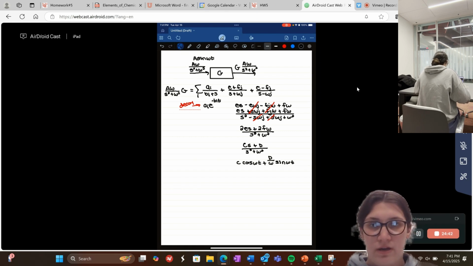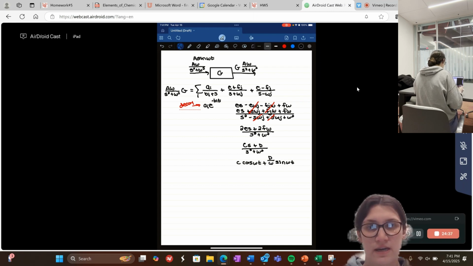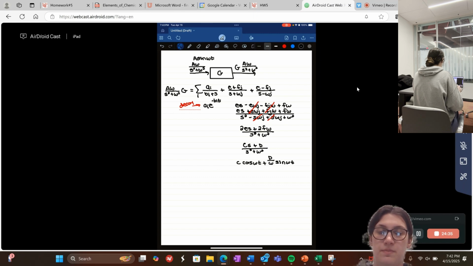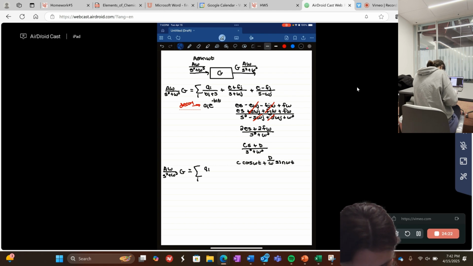To do this, we're going to go back up to our equation, but we're going to sub in this Cs plus D over s squared plus ω squared. So we have Aω over s squared plus ω squared times G. This is equal to the sum of a_i over b_i plus s plus Cs plus D over s squared plus ω squared.